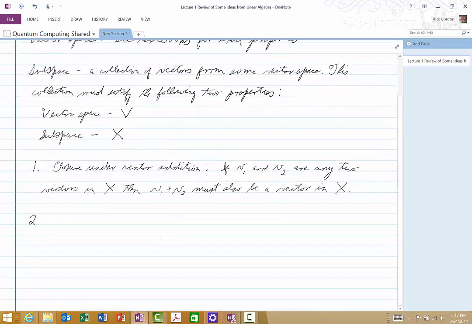And the second property that X must satisfy, so let me make sure this is clear, in order to be a subspace, X must satisfy these two properties.